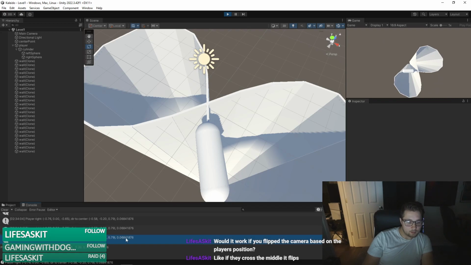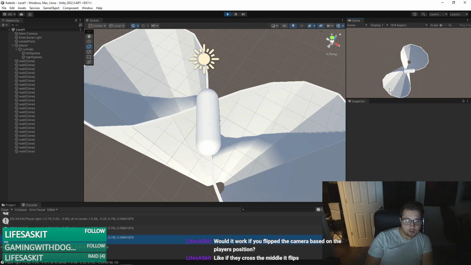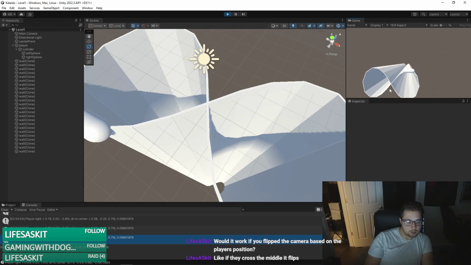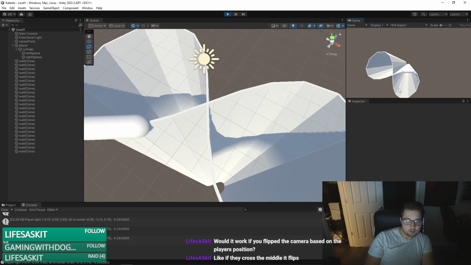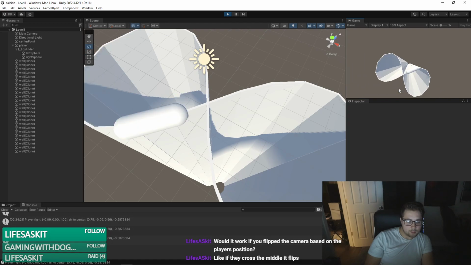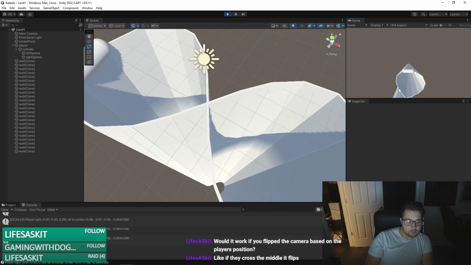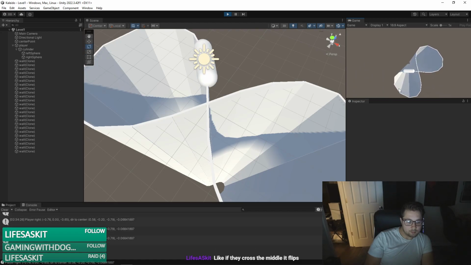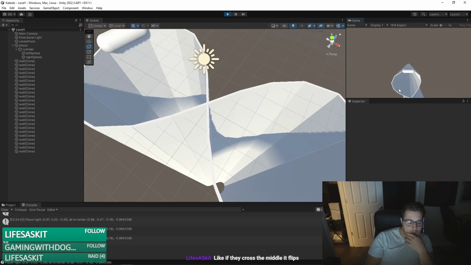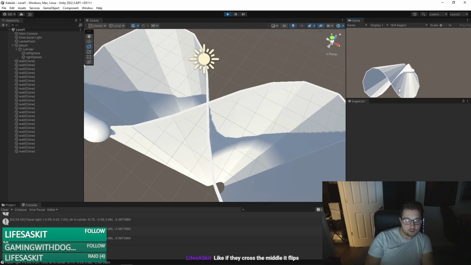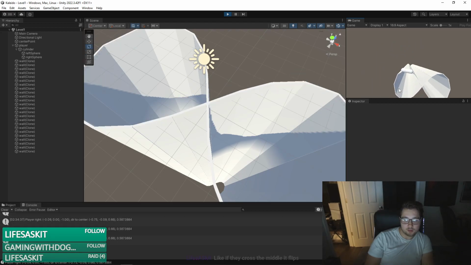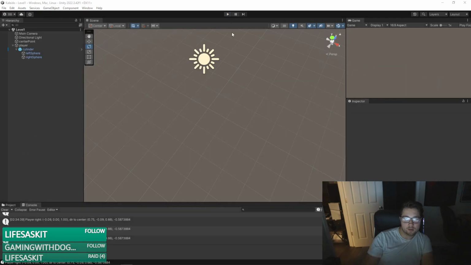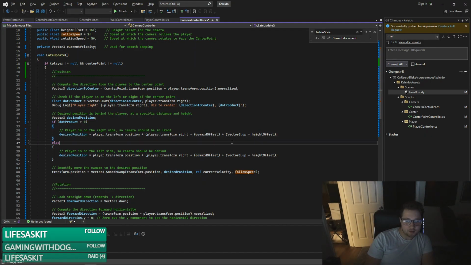So it's 0.06. And that's why it's flipping, I think. Oh god, wait. Yeah, so right now we're going to be all negative. Wait, why are we on the outside? Oh, wait. How did this get flipped?